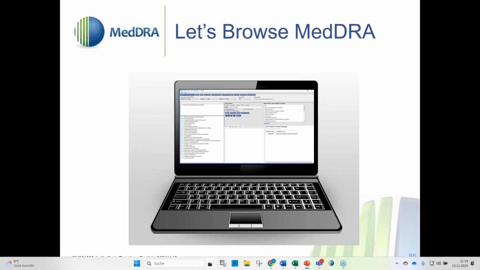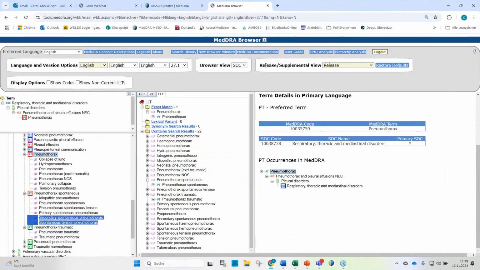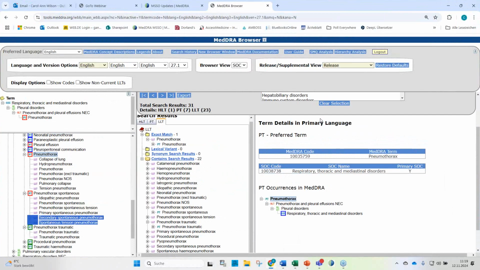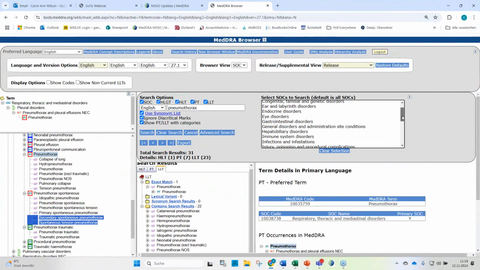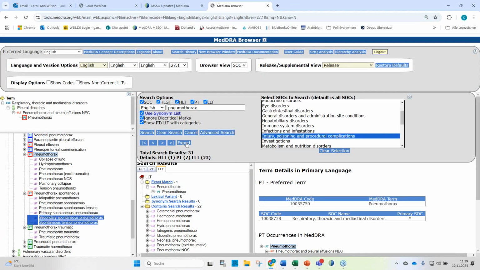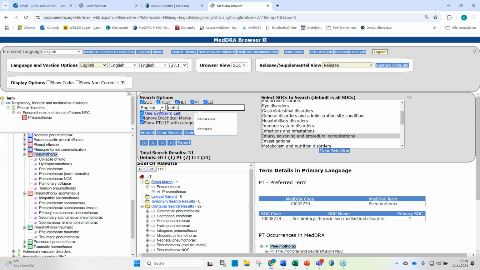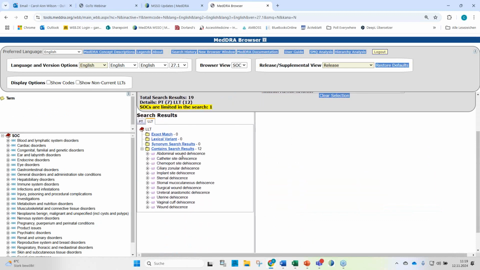So let's switch to our browser again. And I would now limit my search to the injury SOC because this is what we are looking at. And in order to really narrow down my search results, first look for the dehiscence and see what we get. So we have the abdominal wound dehiscence, separate PT in this instance, sternal dehiscence, post-operative thoracic procedure complication.